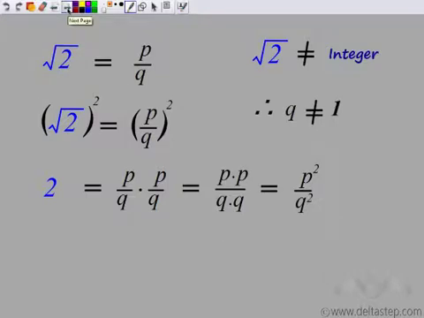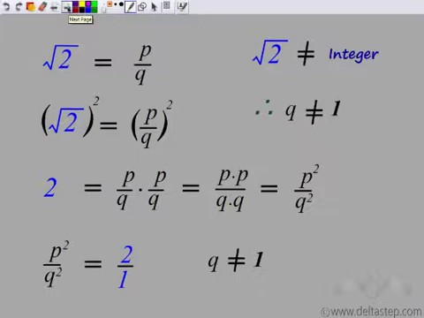Now q is not 1. If q is not 1, then q squared can also not be 1, because 1 squared gives me 1. So q squared will not be equal to 1. So I get p squared by q squared is equal to 2, which I can write as 2 by 1. But q squared cannot be 1 because q is not 1.